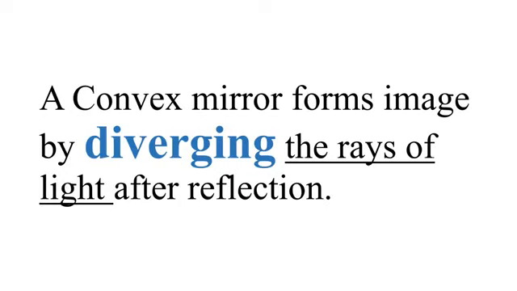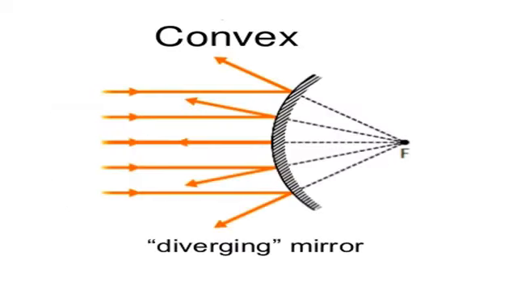A convex mirror forms an image by diverging the rays of light after reflection. Again, from our previous videos, we are aware what divergent rays are.